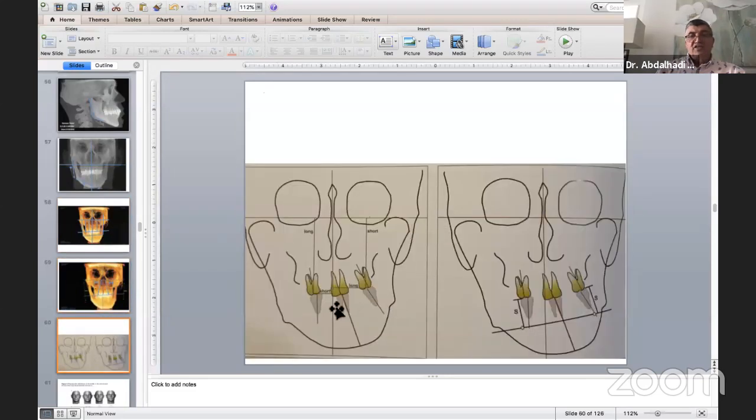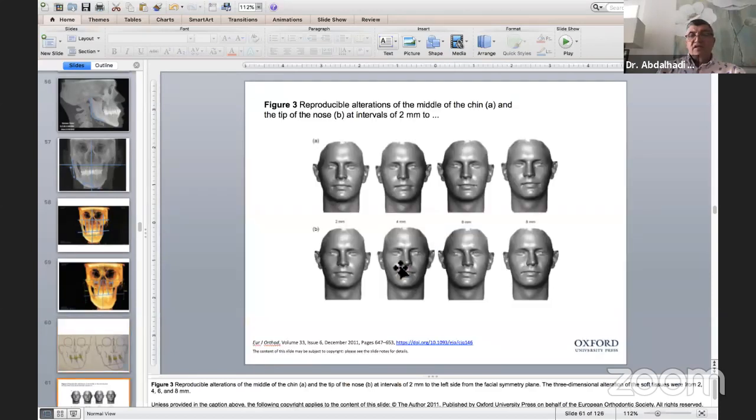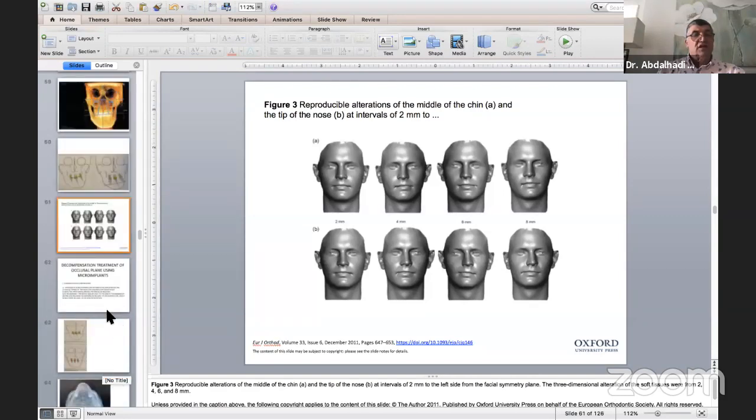Here I make a sketch also to show that, okay, if we align the upper teeth and we align the lower teeth. Here is from Oxford, I take this picture showing that the deviation or asymmetry when it is 2 millimeters is difficult to distinguish, but the more it gets, now here it's 8 millimeters and you can see it. And my patient is more than 8 millimeters.